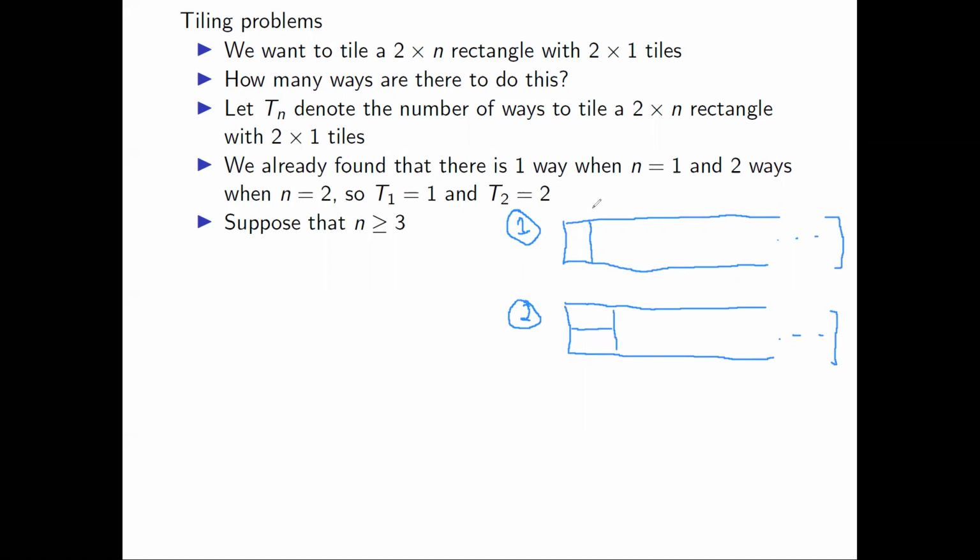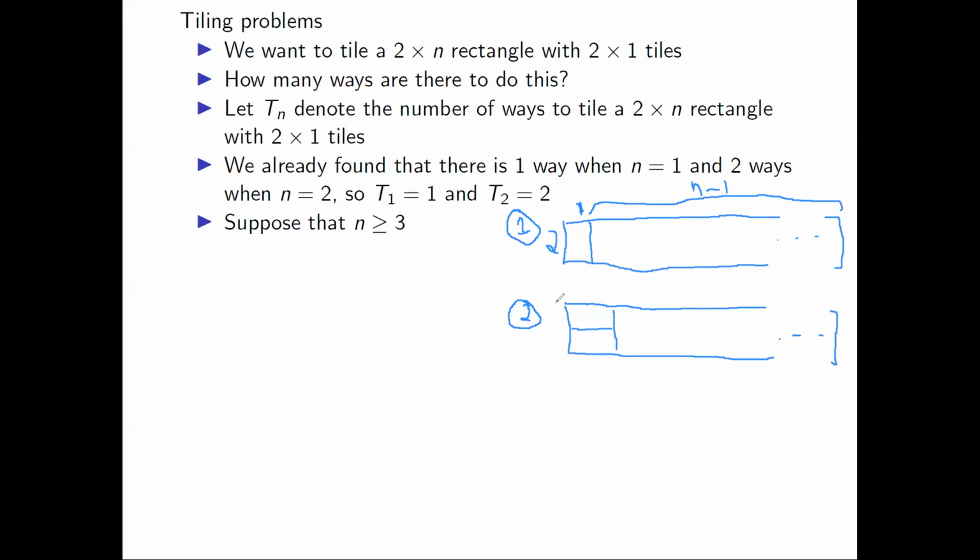Now with case 1, if we have a vertical tile on the very left, then the remaining rectangle that we still have to tile is a 2 by n minus 1 rectangle. 2 is the height, and the length of the remainder is n minus 1. The original was n, and we took out this 2 by 1 rectangle on the left, so we lost 1 from the length.